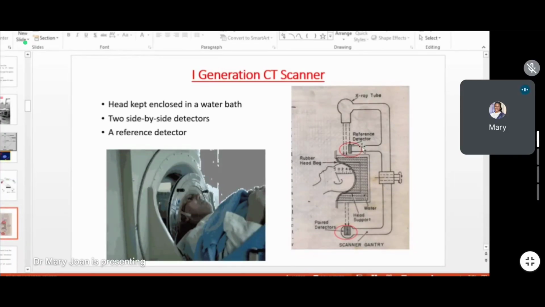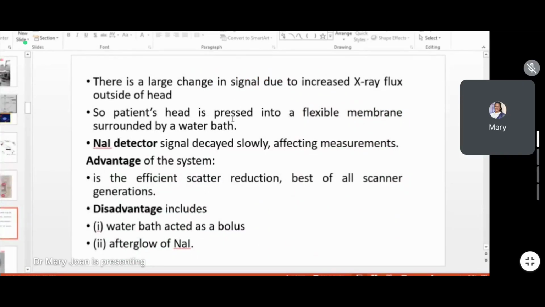in addition to the input information which we have about the X-ray tube, X-ray parameters. There is a large change in signal due to increased X-ray flux outside of head. So patient's head is pressed into a flexible membrane surrounded by water bath.